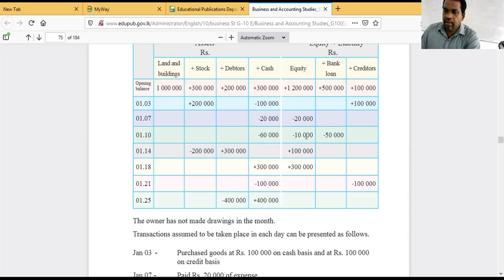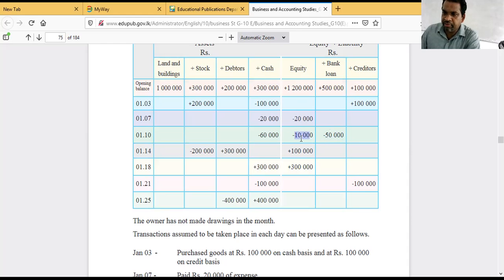But they have deducted only 50,000 from bank loan. When the business pays interest on bank loan, the interest doesn't affect to reduce the bank loan. Only the capital portion will affect to reduce the bank loan. That's why 50,000 minus. This is the amount paid for interest.